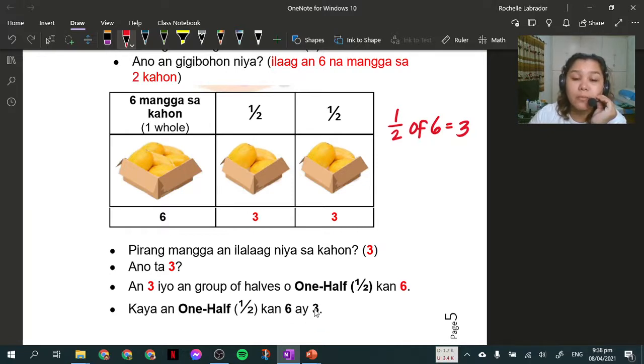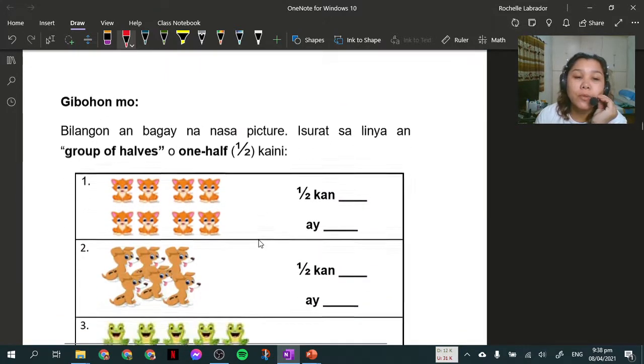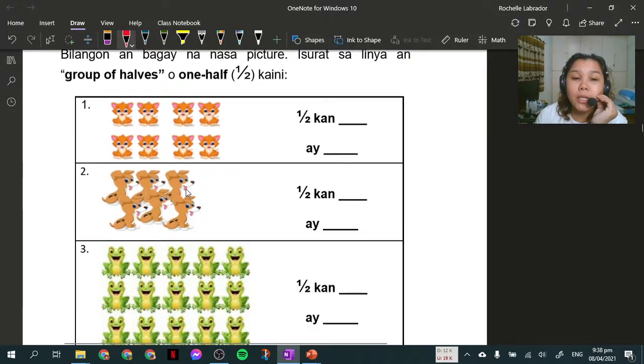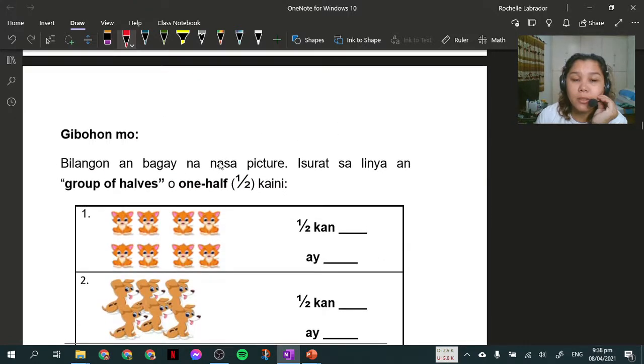So dito kitang gagamiton na ay para sa mother tongue. Okay. So anong gikibuhon? Bilangon ang bagay na nasa picture, isulat sa linya ang group of halves o 1/2 kaini. So ang gigibuhon tadigdi, just like the mangoes, so ilag ko na lang hindi as example for this.